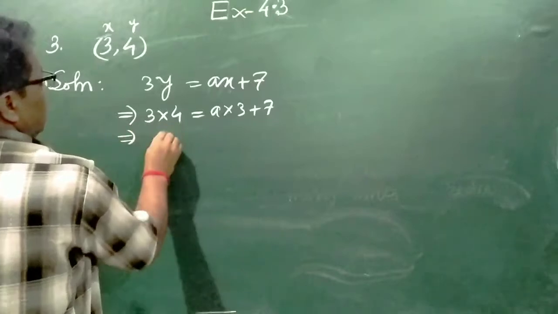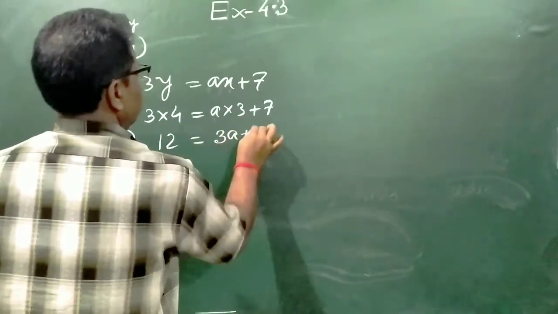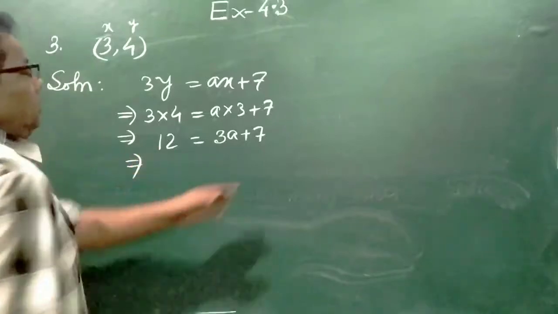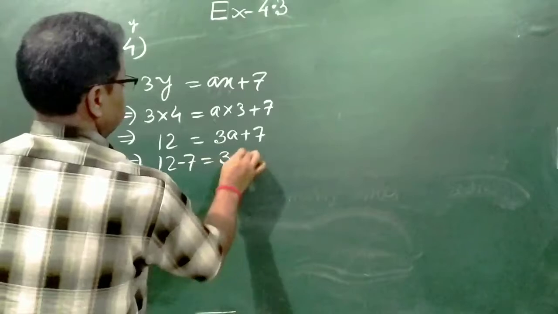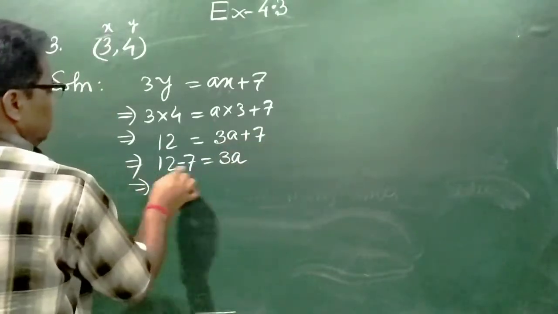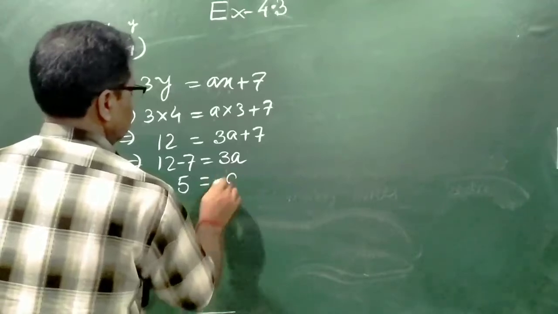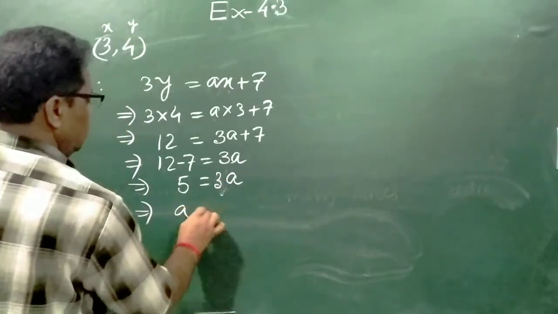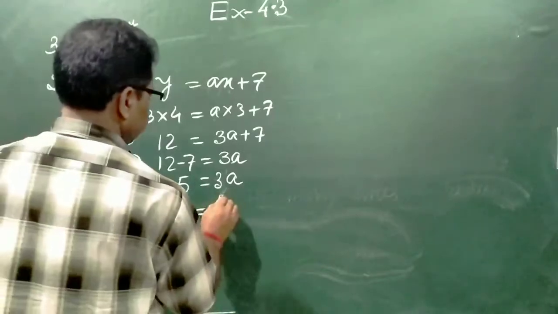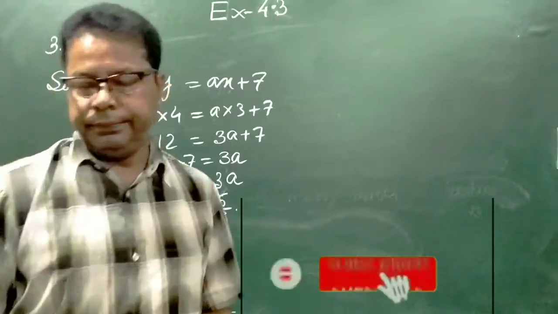Therefore 12 equals 3a plus 7. 7 is transferred to the left, so 12 minus 7 equals 3a. 12 minus 7 is 5, so 5 equals 3a. Therefore the value of a is 5/3. So this is the required value of a.